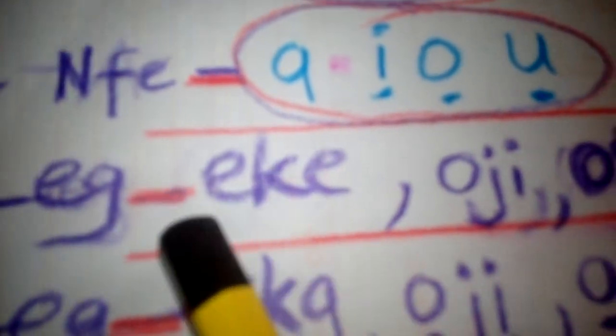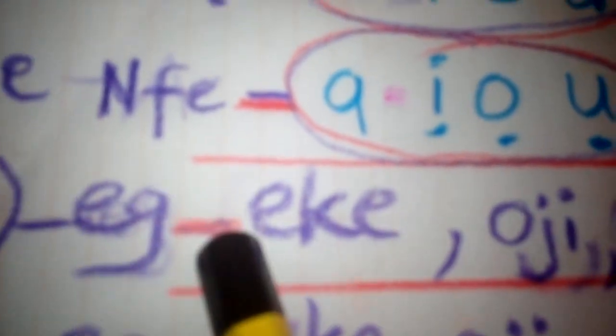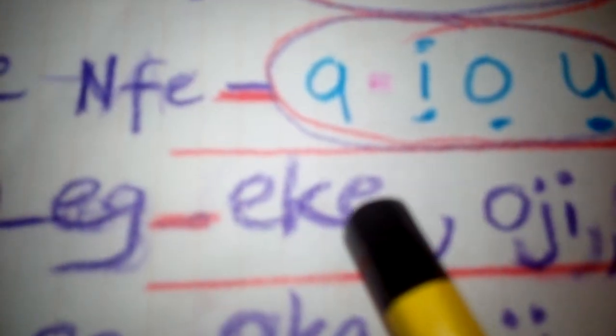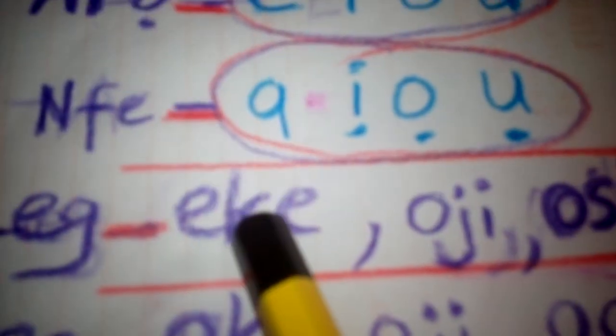Remember I told you that consonant goes in between vowels in Igbo words. It's different from English words. So consonant is like a must. It goes in between.